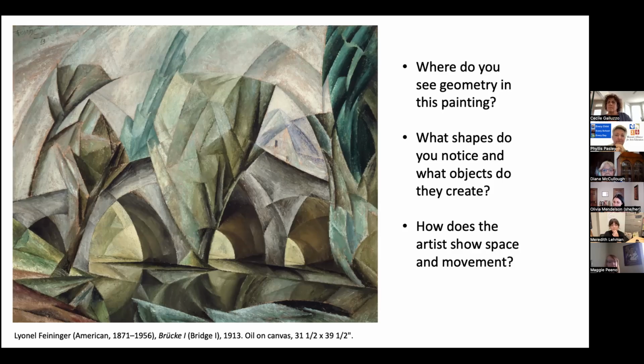Looking for geometry within the painting, looking for concepts like shapes, line segments, angles, symmetry. And then we also analyzed how the artist uses geometry to construct the image to create this sense of a scene, and also creating the perception of depth in 2 dimensions and the sense of movement that we've been talking about, involving some more art vocabulary in our discussion, as well as geometry vocabulary.